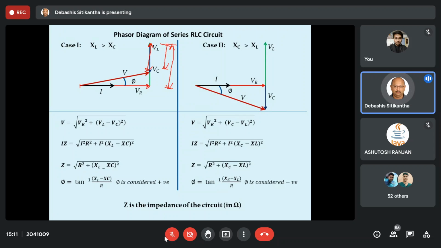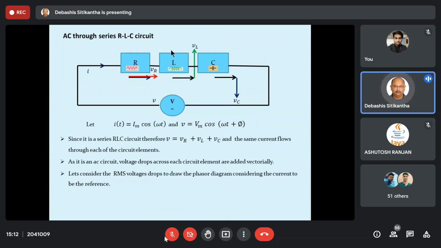So ultimately, as you can see, I have added all of these vectors considering XL to be greater than XC. So this is your VR, followed by this is your VL, and from this tip, I have dropped VC in this direction. So when three of these vectors are added, it will result in the total voltage drop across them. Now, what is the total voltage drop across them? It is nothing but equal to the RMS value of the voltage source.